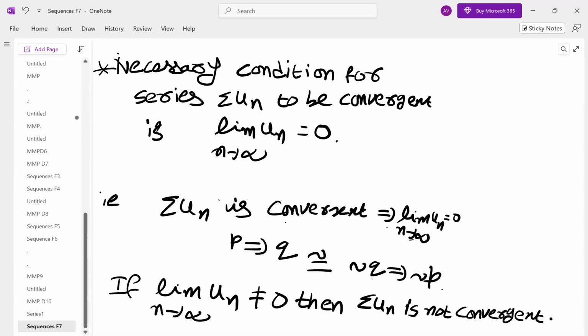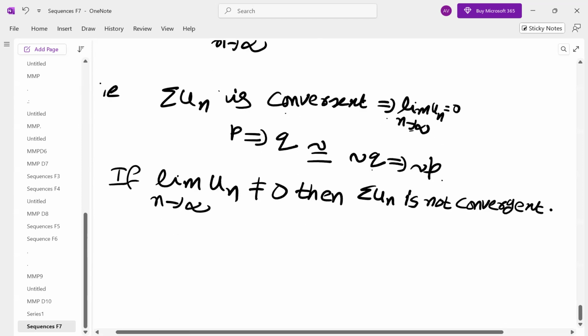So summation un is convergent implies limit un is 0, P implies Q. Negation Q implies negation P. That is, limit un is not 0 implies summation un is not convergent. This is the necessary condition. This helps us.